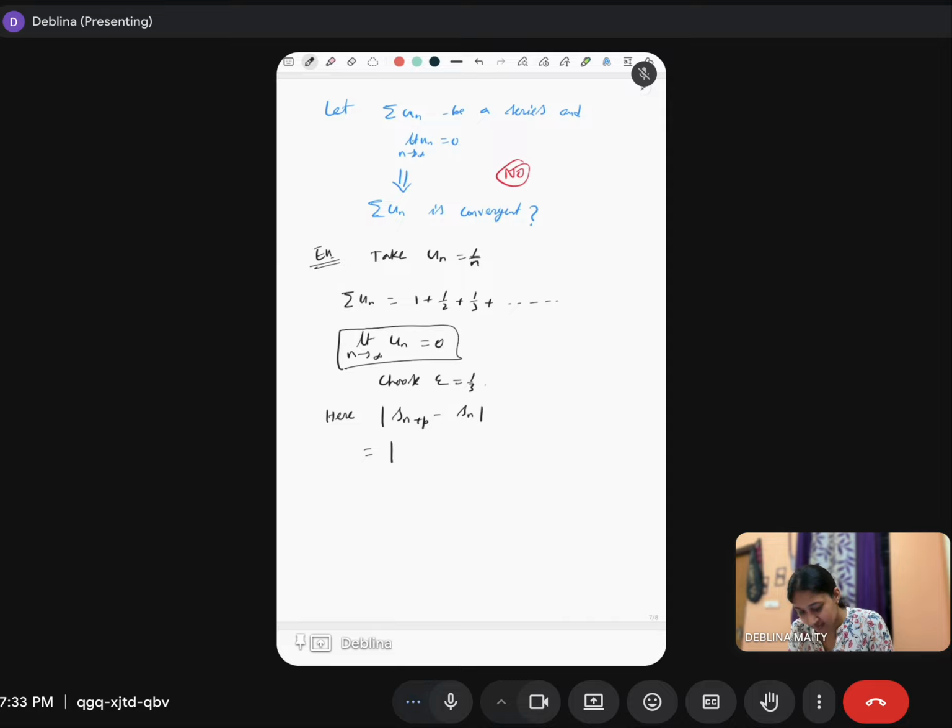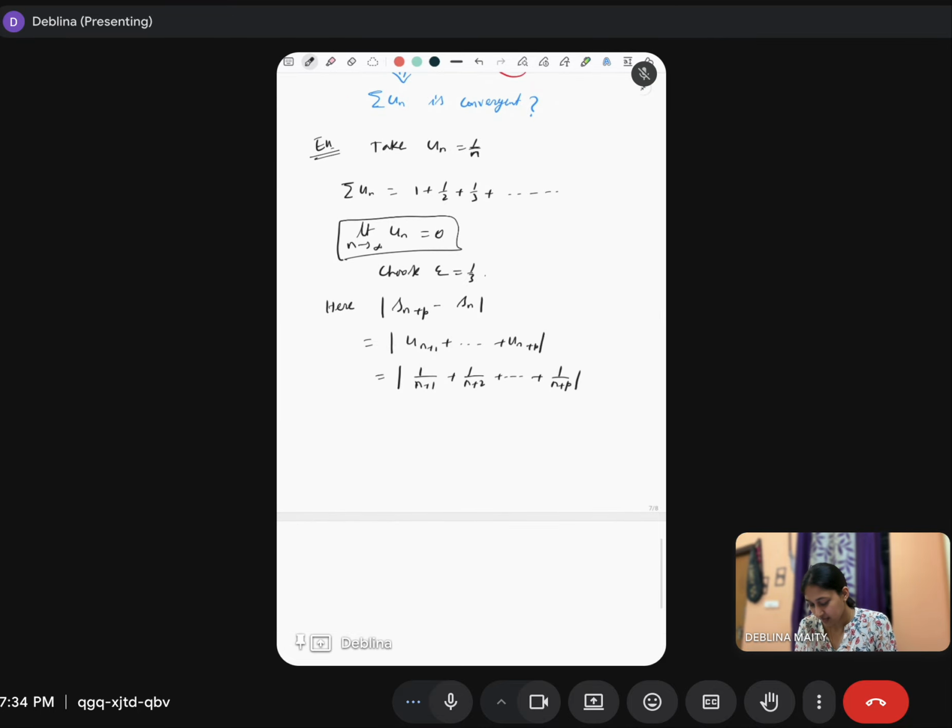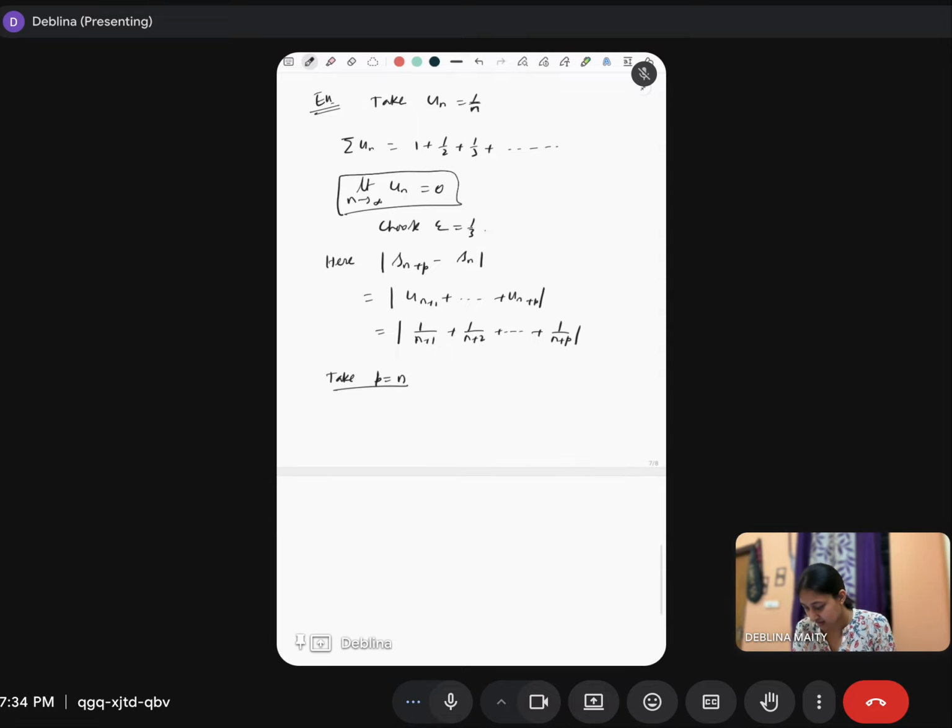So it is u_{n+1} up to u_{n+p}, which is nothing but 1 by n plus 1, plus 1 by n plus 2, up to 1 by n plus p. Take p equal to n. p is any natural number, you can choose p to be n.